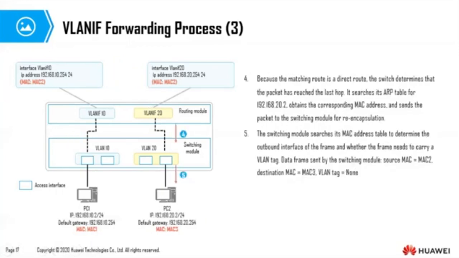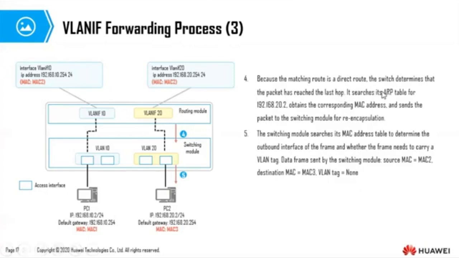Step number 4. Because the matching route is a direct route, the switch determines that the packet has reached the last hop. It's not going to pass through any other router.